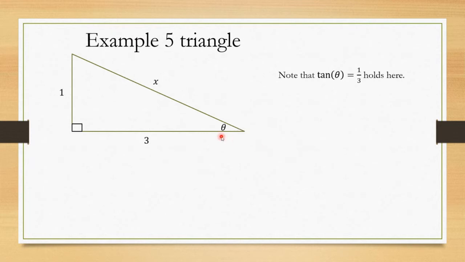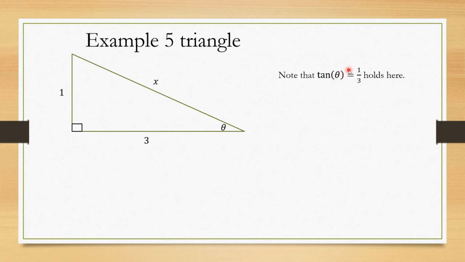Okay, so again, here's the right angle. I put theta down here. Now remember, tangent of theta is opposite over adjacent, and we have tangent of theta is a third.